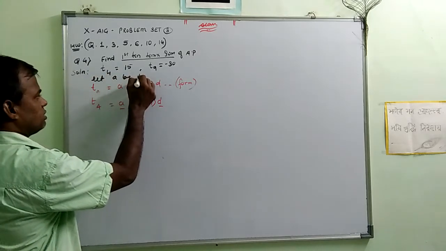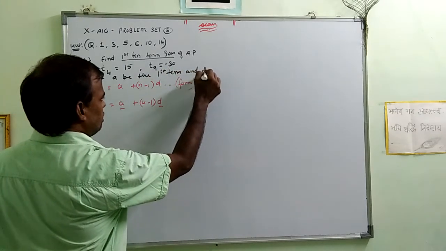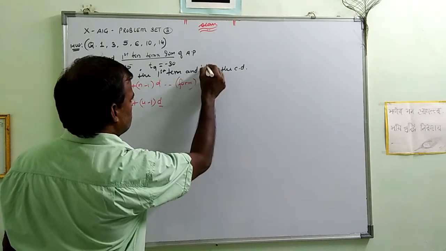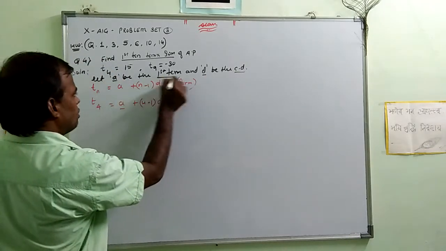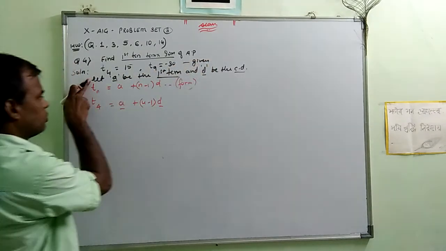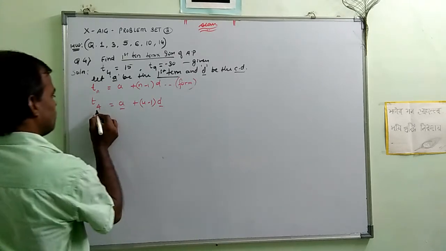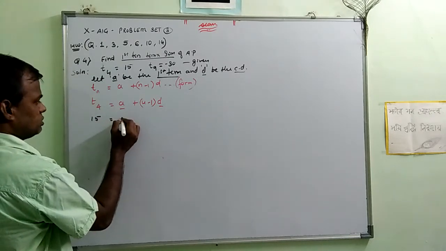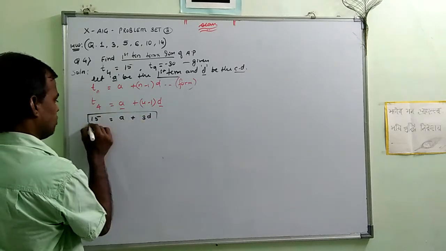Let a be the first term and d be the common difference. Then we write the formula, then we put the value. So T of 4 they have given as 15. So I write here 15 equals a plus 3d. So this becomes one equation.